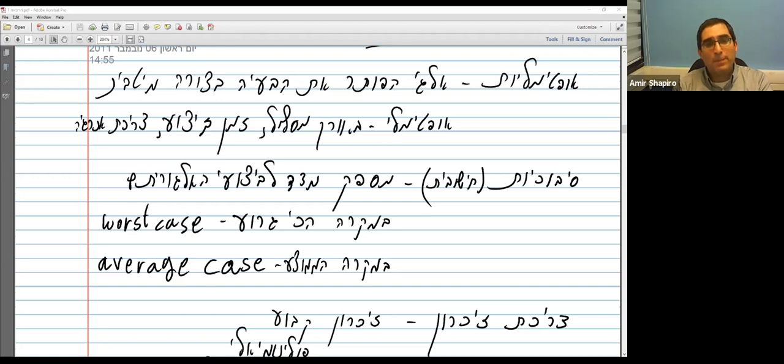It can be how much time it takes to do the search, how many computation steps we need, and so on.